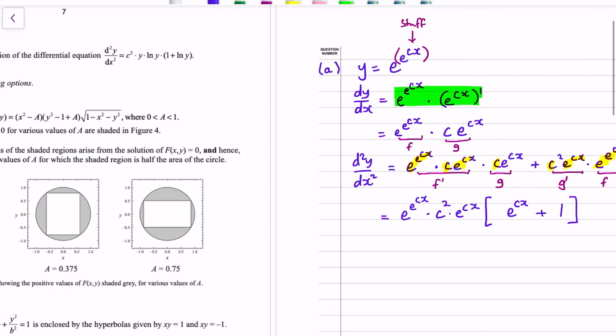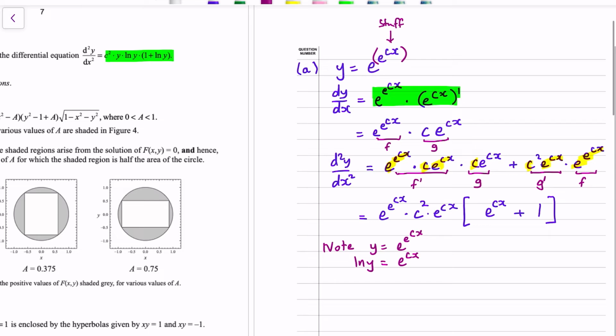Now look at what we're trying to achieve here. We're trying to make it equal to c squared times y times log y times 1 plus log y. So note that y is equal to e to the cx. So ln y is equal to cx. So this here is ln y.